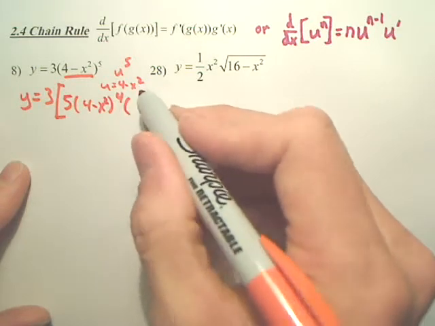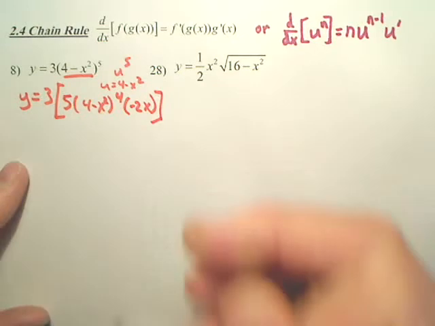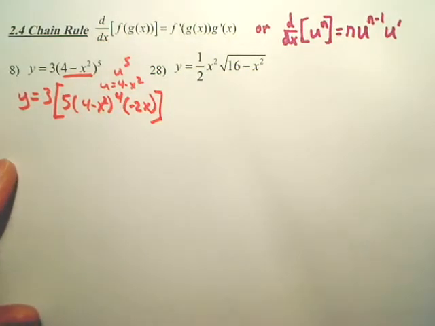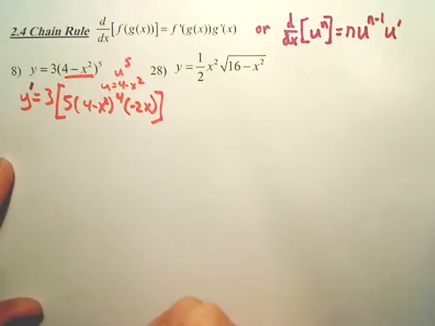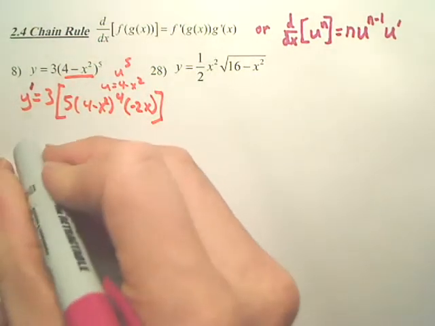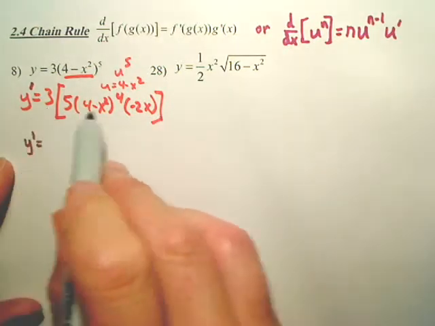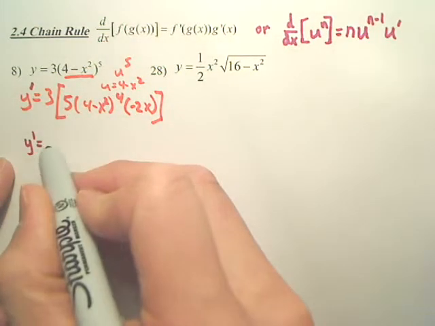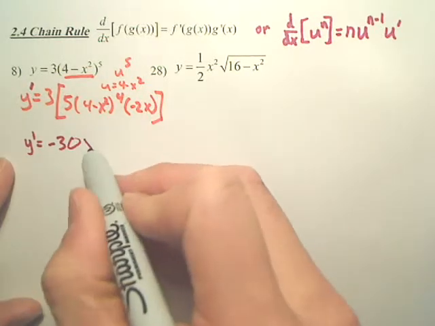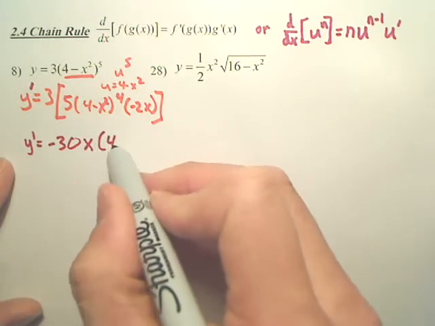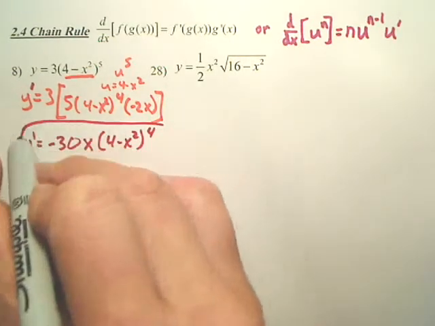The derivative of u, which is negative 2x. So, oops, that should be y prime. So y prime, if we simplify all this, 3 times 5 times negative 2 gives us negative 30. I'm going to bring the x out front, and I have 4 minus x squared to the 4th.